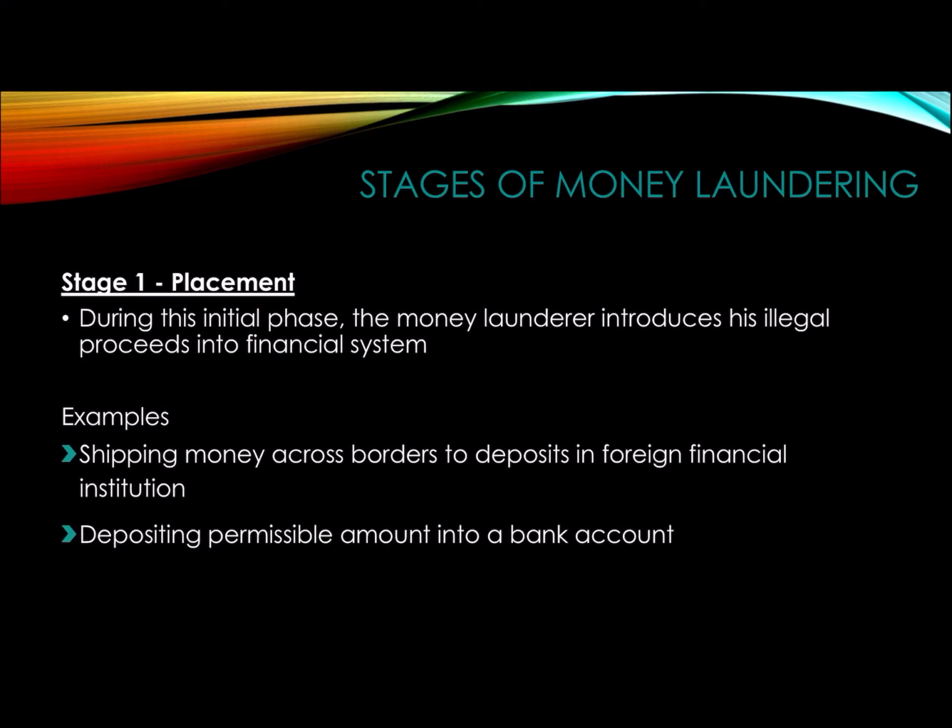So in the placement stage, we are depositing or introducing money into the legal financial system. When I transfer money from one country to another through an illegal remittance system like hawala, that would not be considered a financial system, right? So in this stage, the money launderer is bringing the money into the financial system.